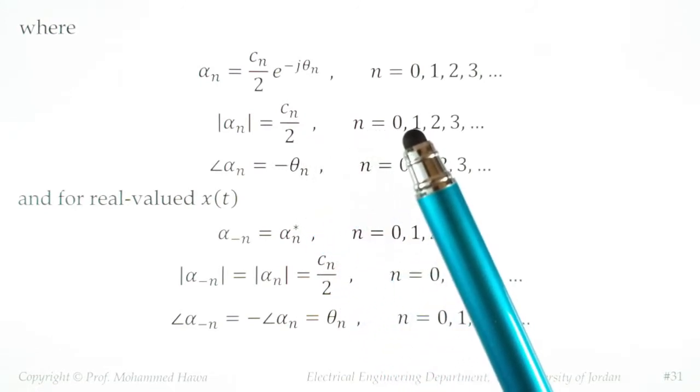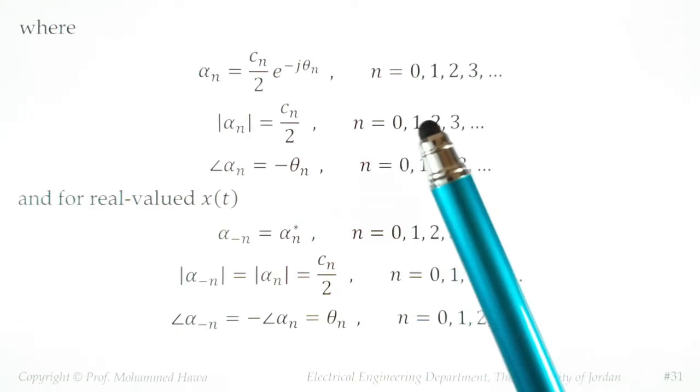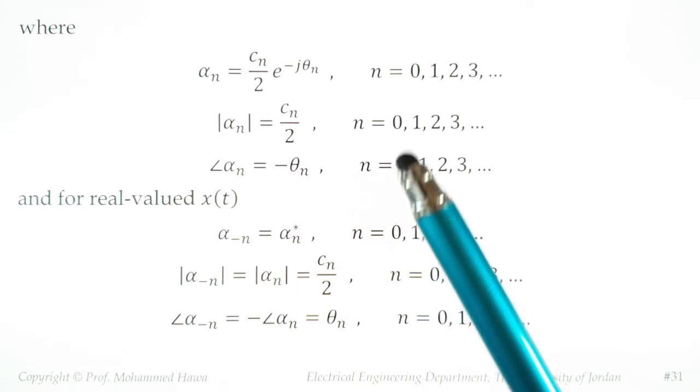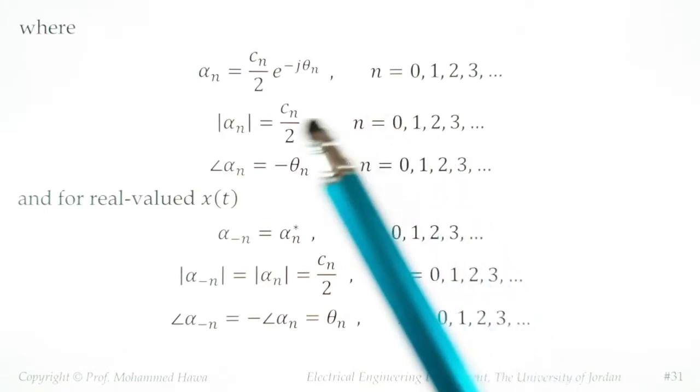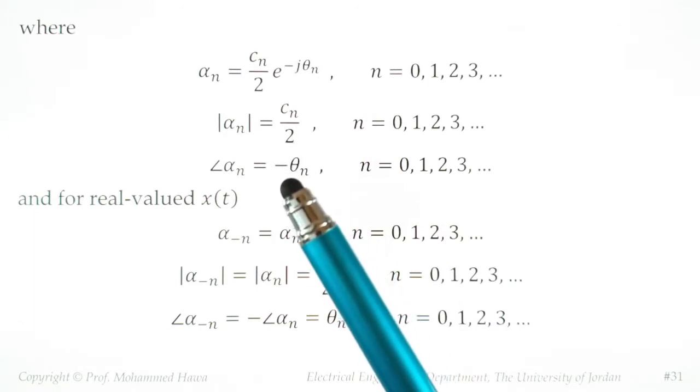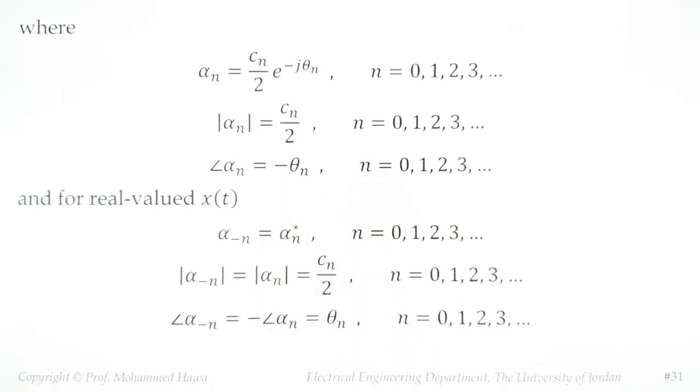And this works for all the positive n's, 1, 2, 3, 4, 5, and so on up to infinity. It also works for n equals 0, because I told you alpha naught is C naught over 2. The angle theta naught does not exist, which means it's 0, and that's a property of the DC value. It has no phase shift.